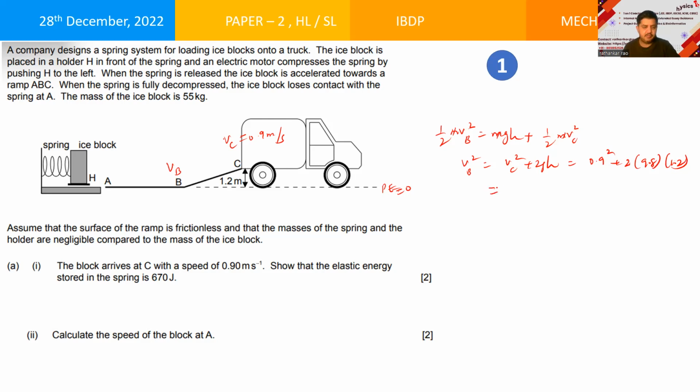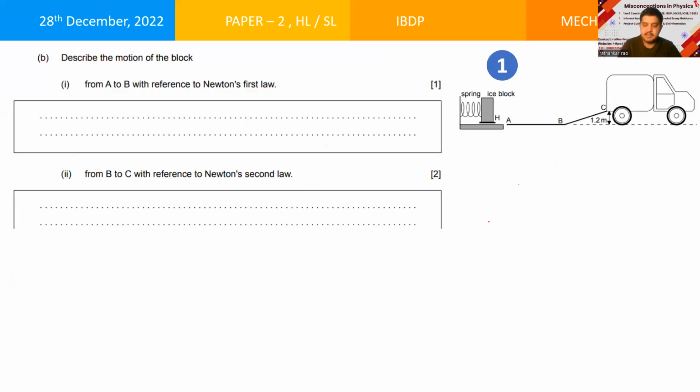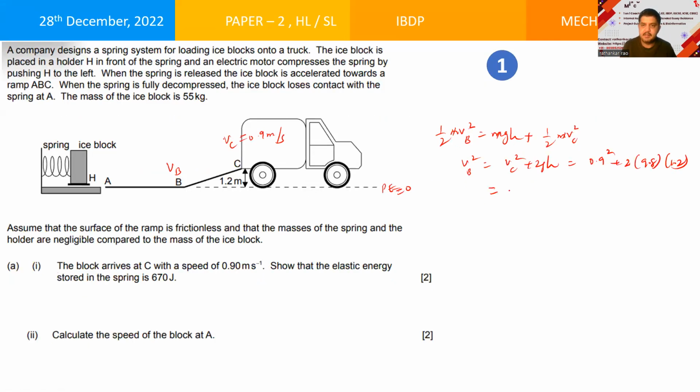You can also use your calculator and try to get the same answer. 0.9 square is 0.81, plus 2 into 1.2 into 9.8.